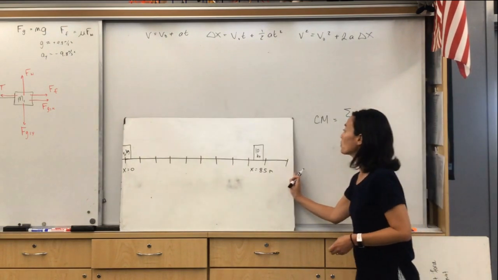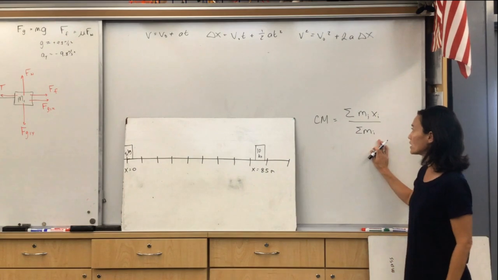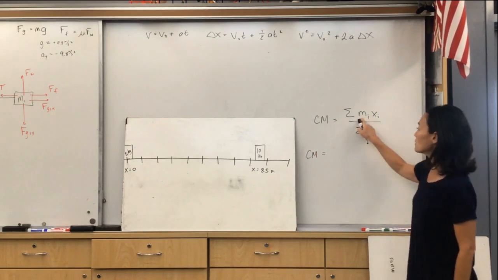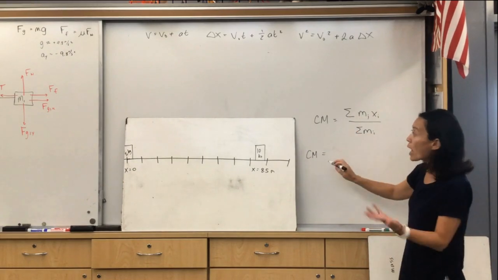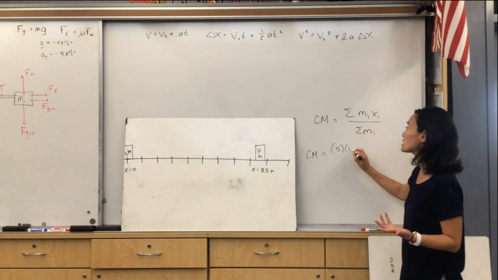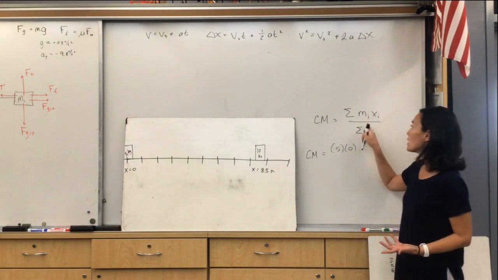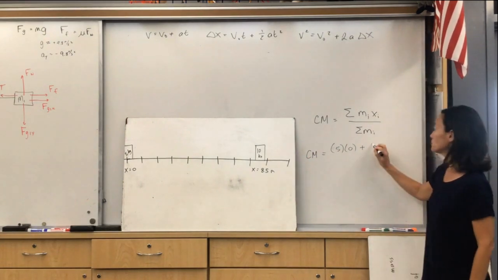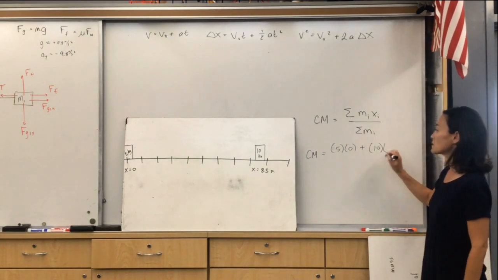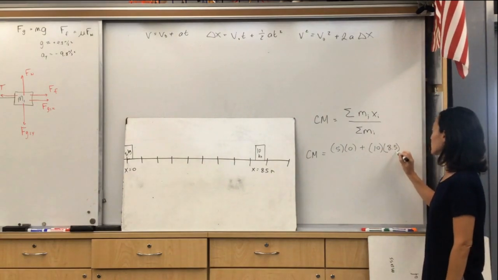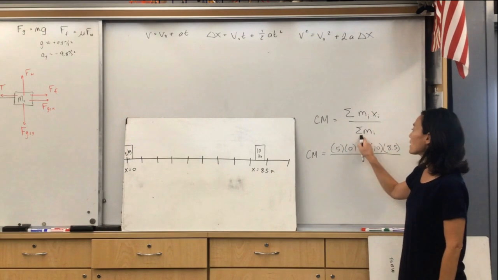So in applying this equation, the location of the center of mass is going to be my mass 1, which is 5, times its position, which is at the 0 point, so 5 times 0, plus my second mass, so a mass of 10, times its location of 8.5, and then divide that by the sum of the masses.